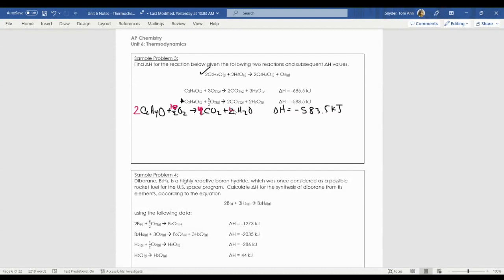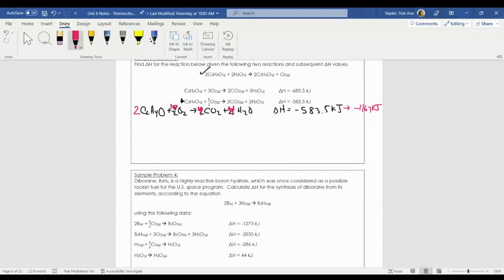And this would also be 4. What is that going to do to my value for delta H? It is going to double. So negative 583 times 2 is going to give me negative 1167 kilojoules. So I multiplied that delta H by 2 because I multiplied all of these coefficients by 2.